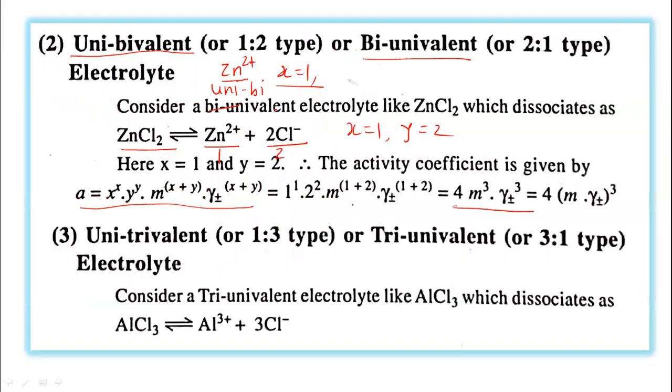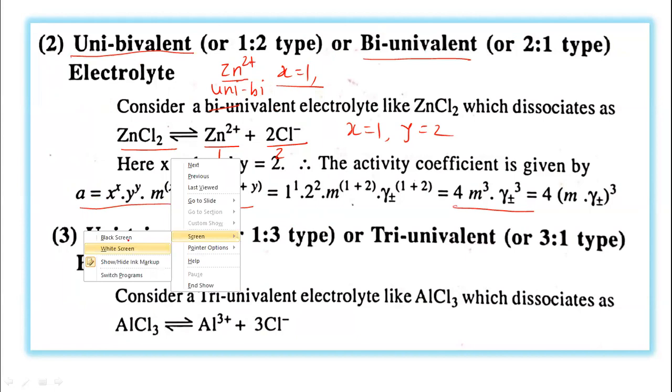Now the third type of the electrolyte is unitrivalent, that is 1 is to 3 type, or triunivalent, that is 3 is to 1 type of the electrolyte. So let us consider the example of the unitrivalent type of the electrolyte.